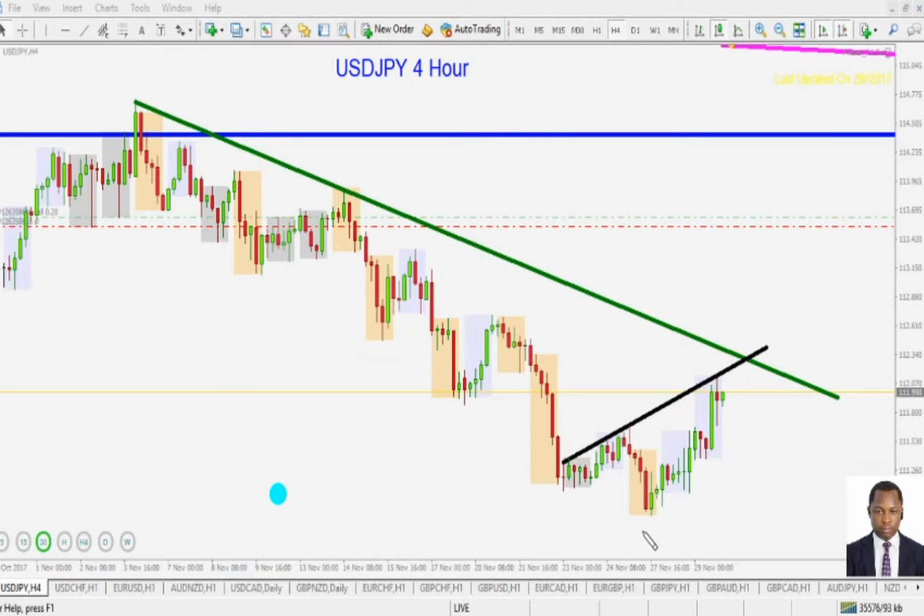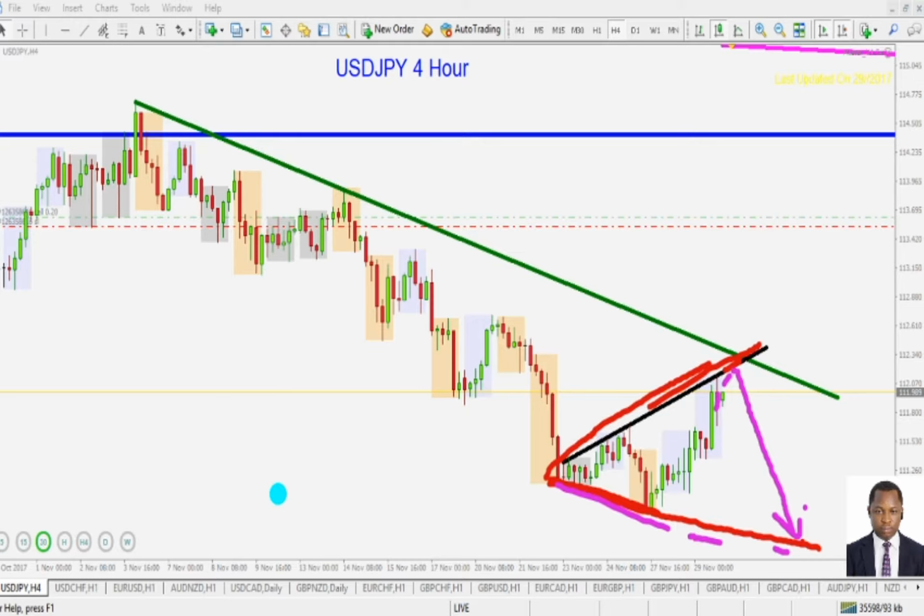We can have a possible channel formation with this as the lower leg. We can also have a possible expanding triangle with price bouncing off the upper triangle leg and coming back down.